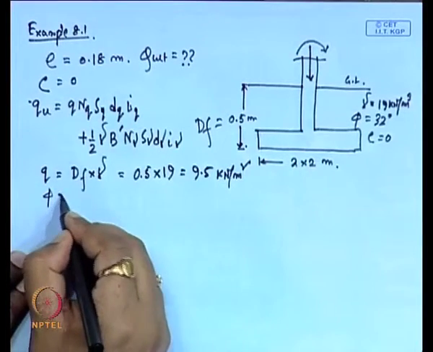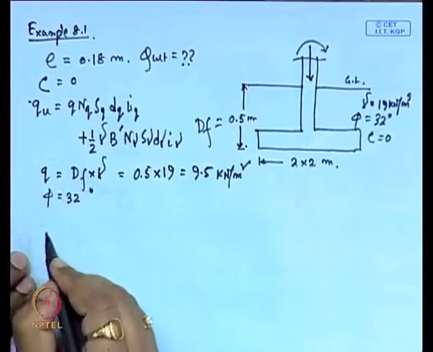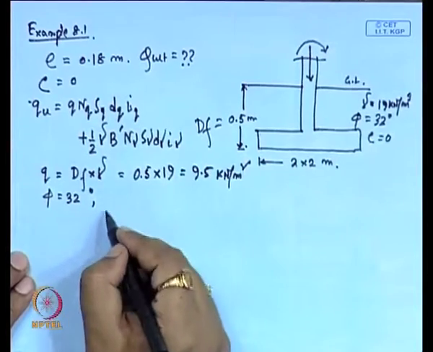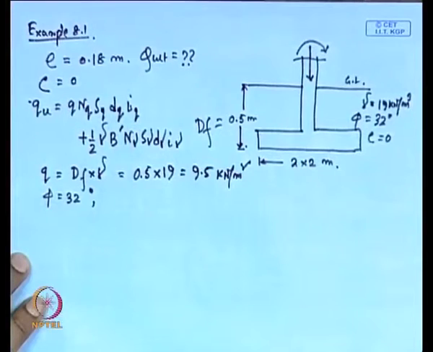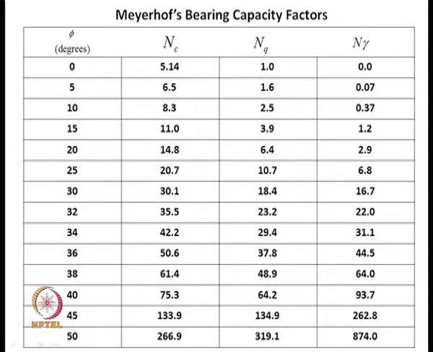Similarly, corresponding to phi equal to 32 degrees, if I use the Meyerhof table, we can again show you the Meyerhof tables. This is the bearing capacity factor table presented by Meyerhof. Here we will use the Meyerhof bearing capacity factors.